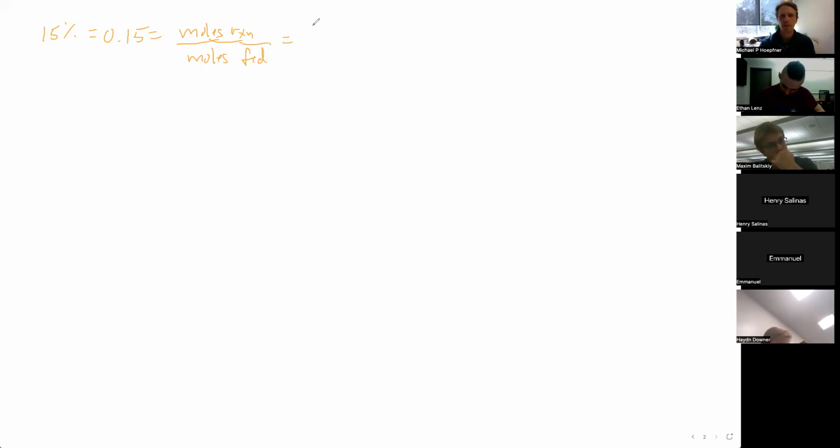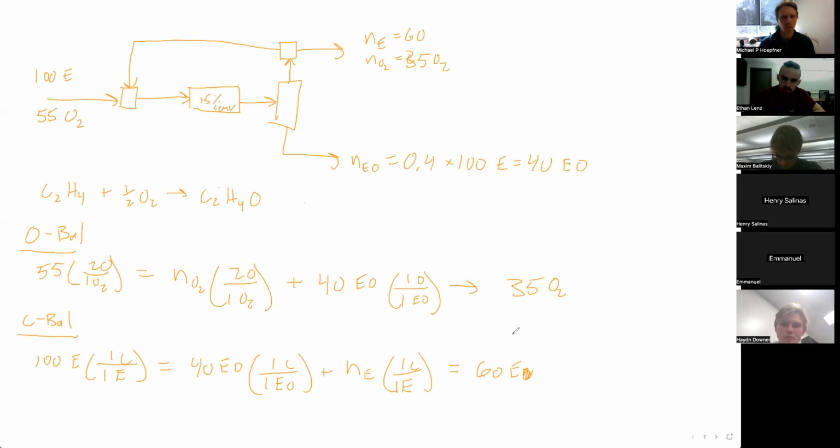This will tell us that we have reacted 40 moles of the ethylene oxide, so we formed 40 moles of ethylene oxide. And then this will tell us how much ethylene is being fed to the reactor, which we'll call stream 2.